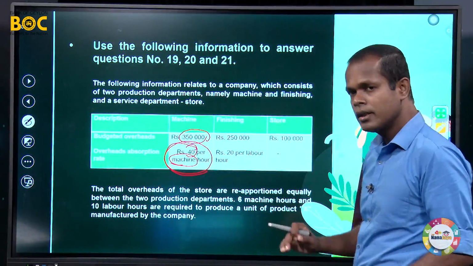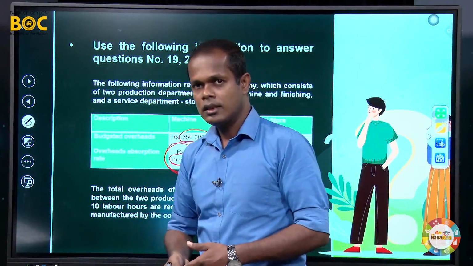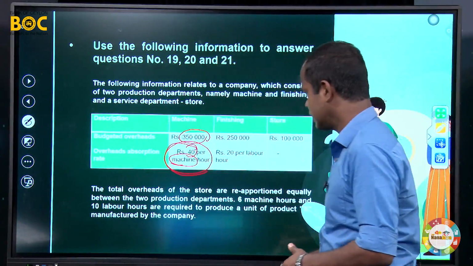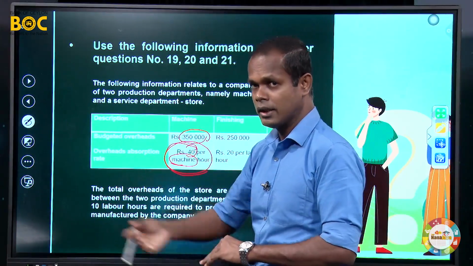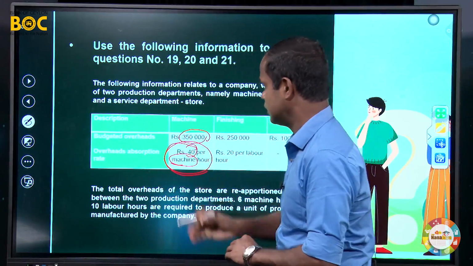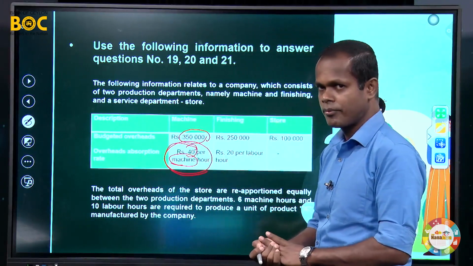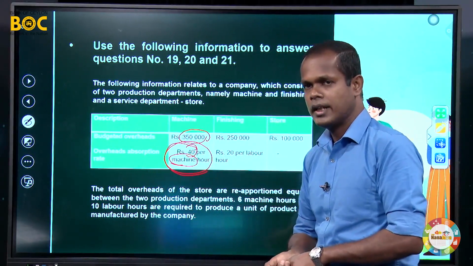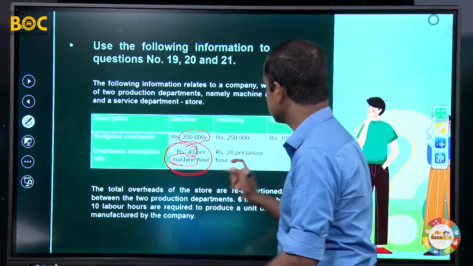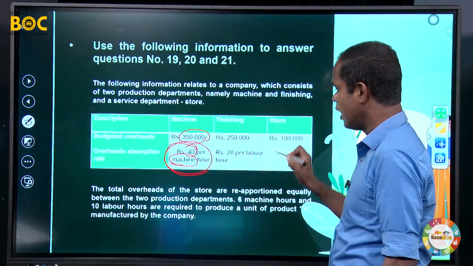But we have learned that before calculating the absorption rate, you must have calculated the final production department cost. There should not be a service cost. But here we have 100,000.